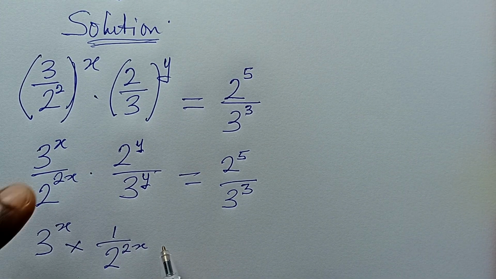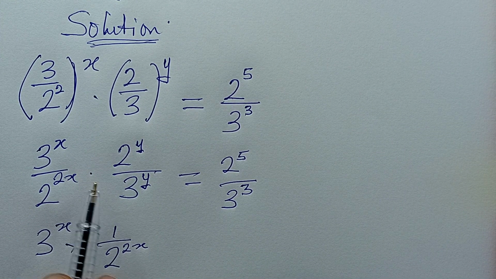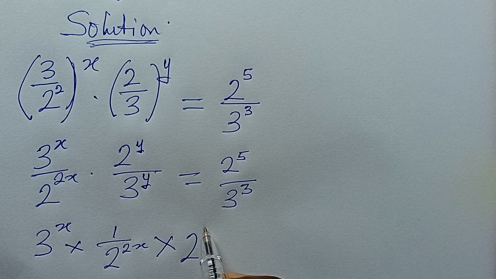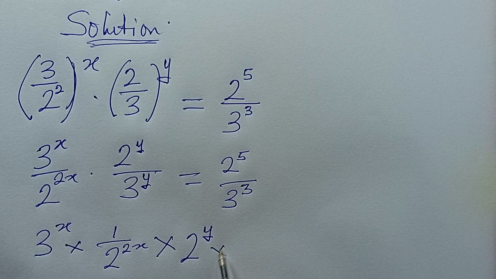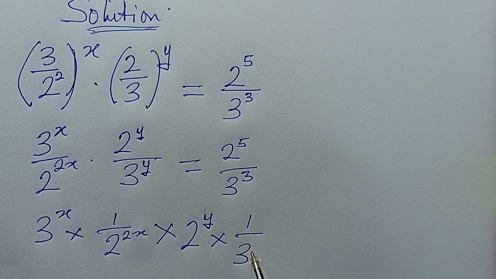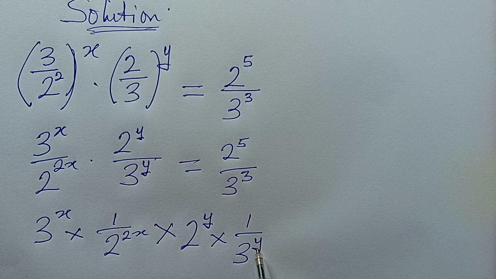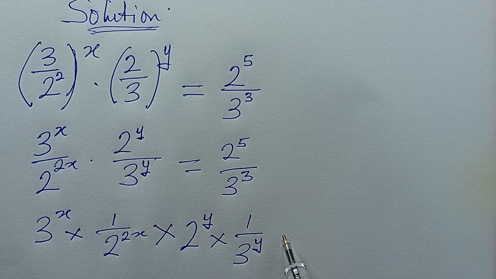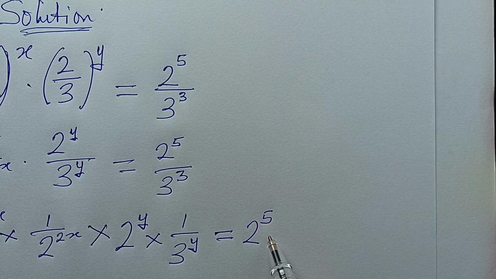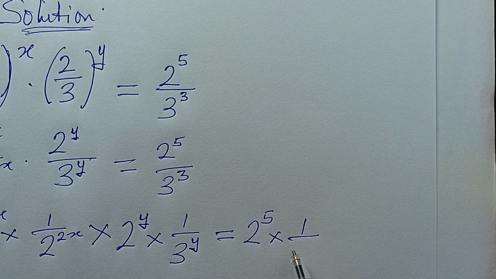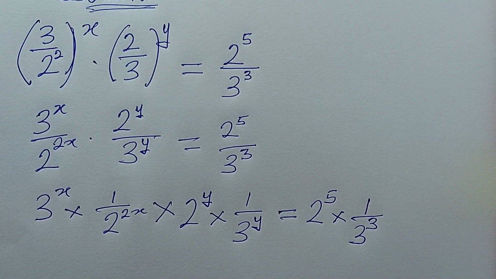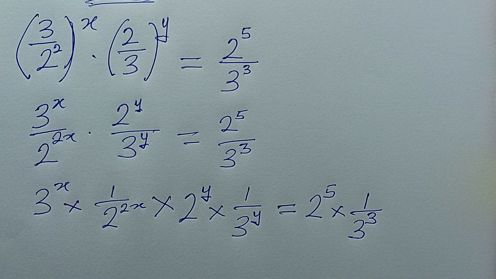Then here we now have our normal multiplication again, which is 2^y times 1 over 3^y, will equal 2^5 times 1 over 3^3. Wow.